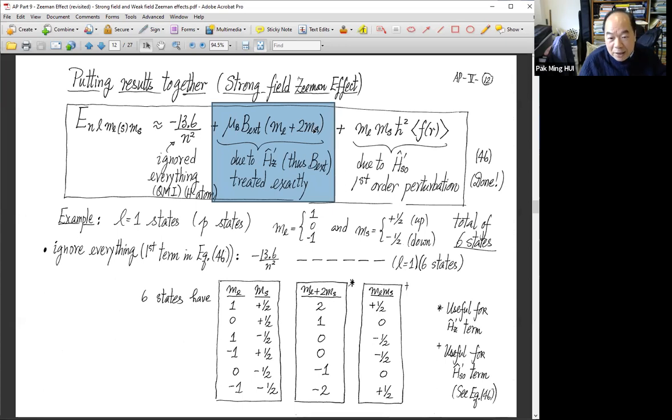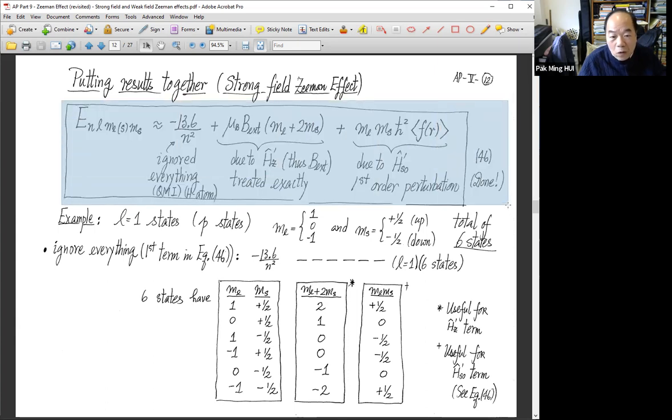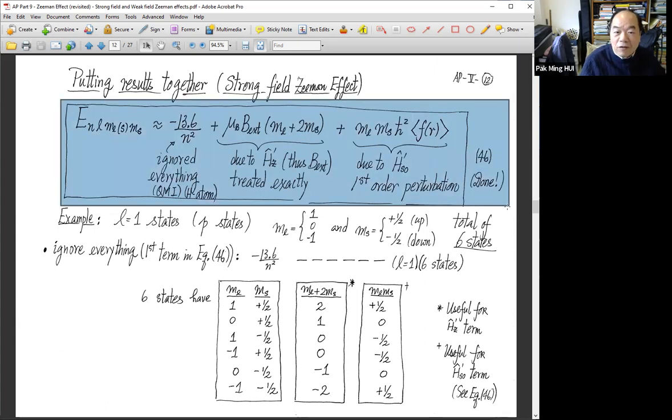We use these states to do first order on the spin orbit part. We got this result. One integral left to be done. Nonetheless, that can usually be done for hydrogen. So we have this full result for the strong field case. That is the mathematical treatment.